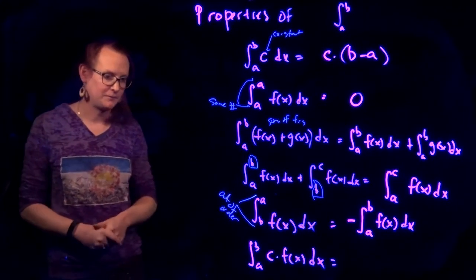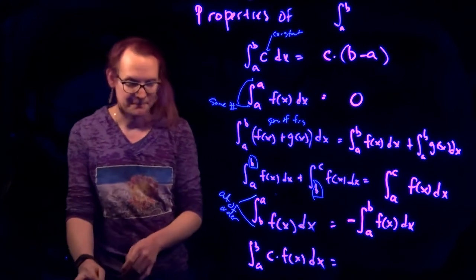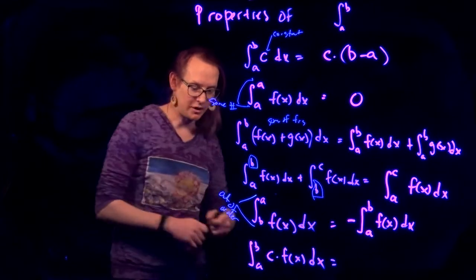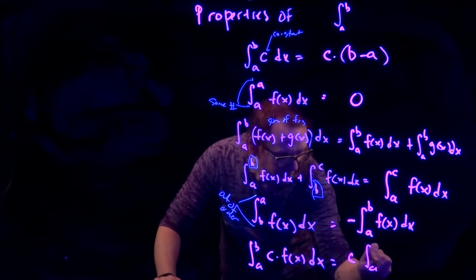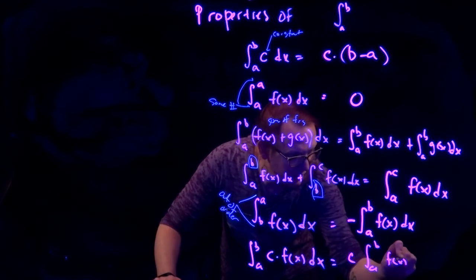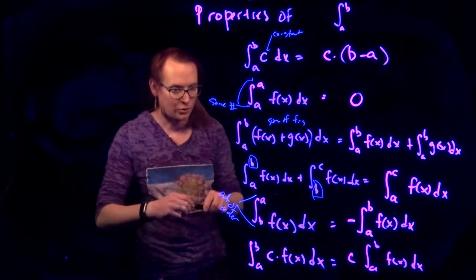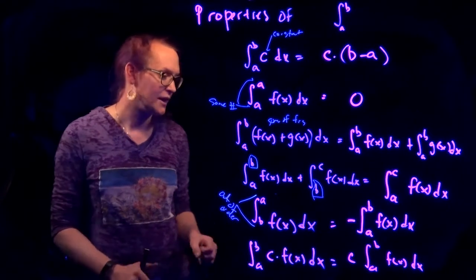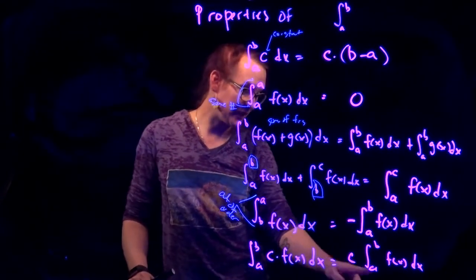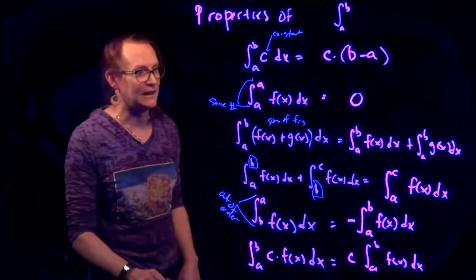And finally, this one right here, this one's the constant product integration rule, says that I can pull c outside of my integral. So the integral from a to b of c times f of x dx is equal to c times the integral from a to b of f of x dx.